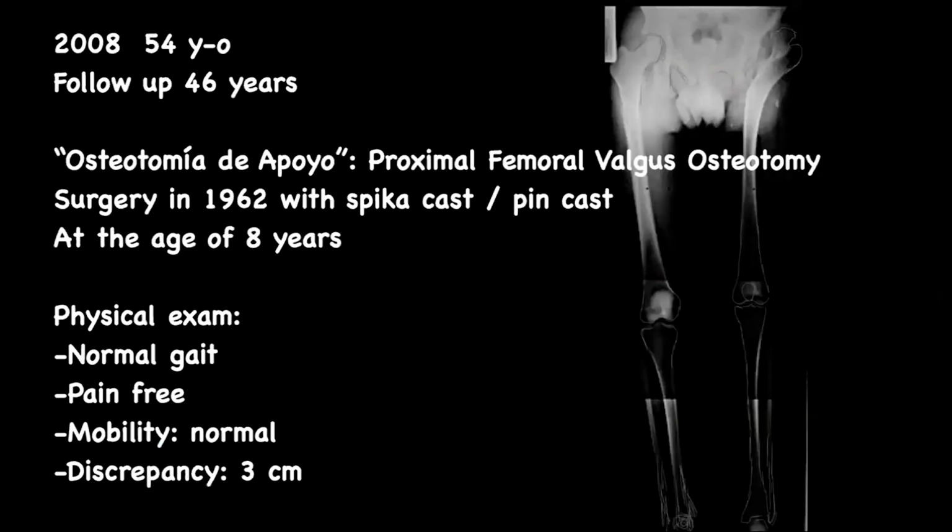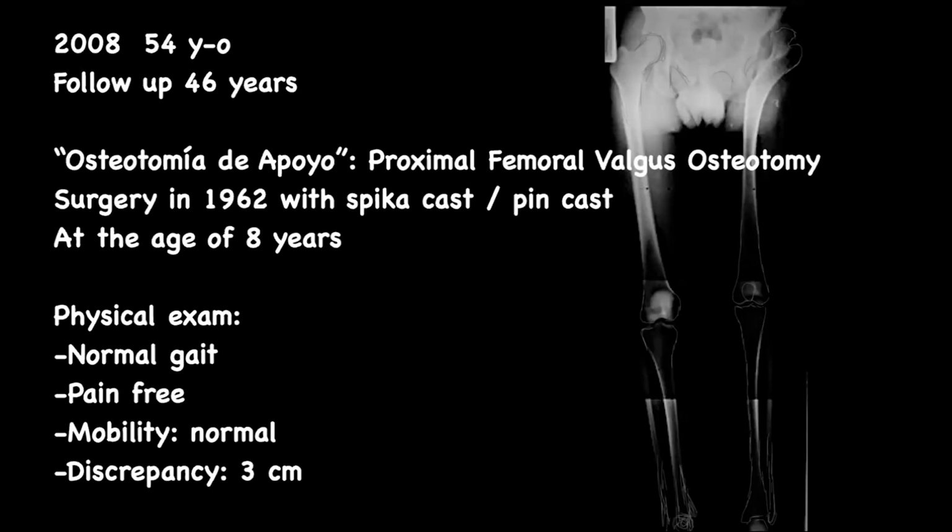And finally, I'm going to tell you about this case. I was in the medical records of my hospital looking for the shelf osteotomy that my professor did some years ago. I found this patient that my professor did a shelf osteotomy on at the age of 8 years because of luxation of the hip. By 2008, I had a follow-up at 46 years old.